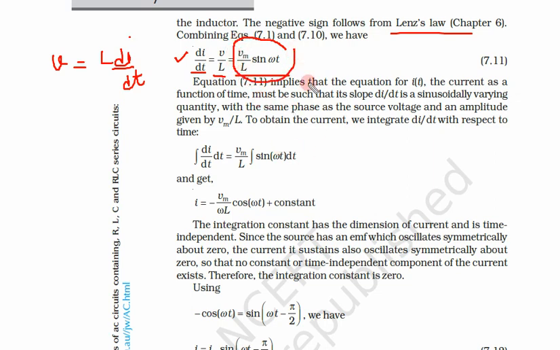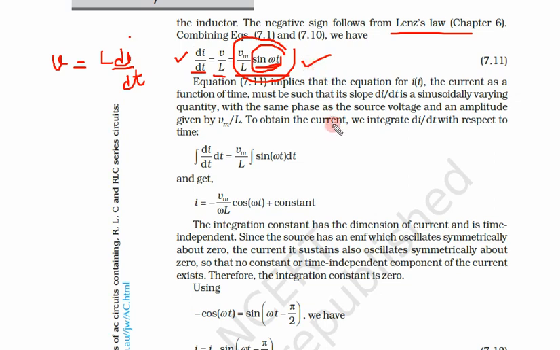So what is the meaning of this equation? Vm is a constant and L is a constant, so this quantity is a constant. This equation is saying that di upon dt, that means the change in current, is sinusoidal. There is a difference between current being sinusoidal and change in current being sinusoidal.